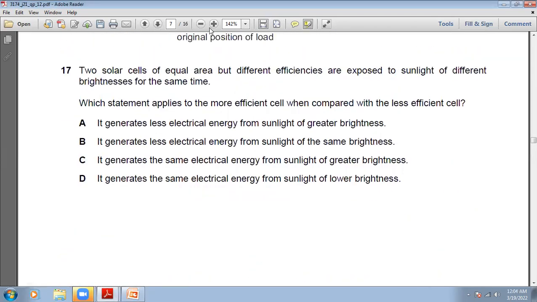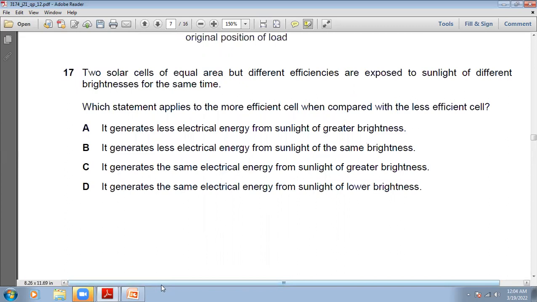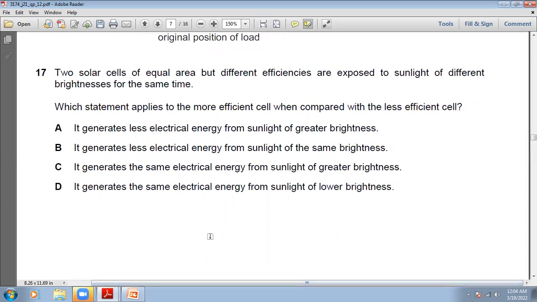Okay, the next question is coming up on your screen. He says two solar cells of equal area but different efficiencies are exposed to sunlight of different brightnesses for the same time. Which statement applies to the more efficient cell compared with the less efficient cell?